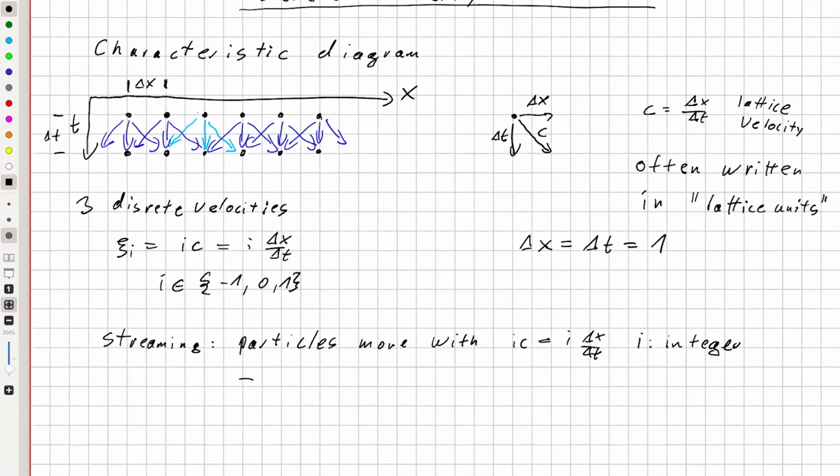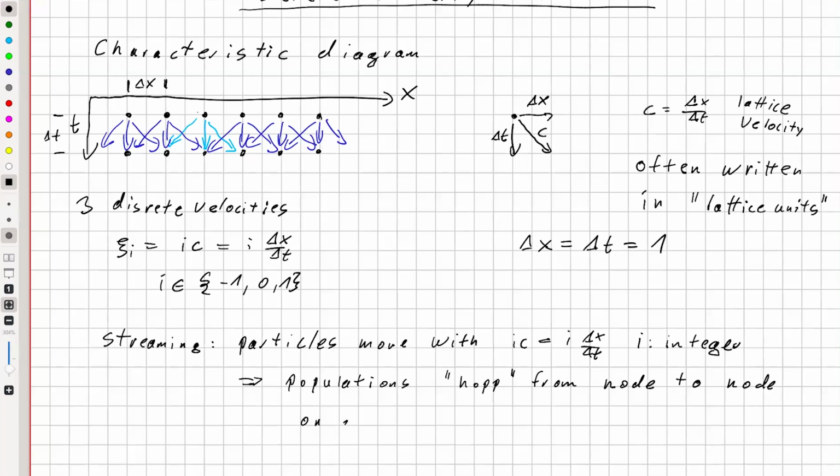Particles move with these integer velocities, which means that the populations, so populations is how many particles or how big the probability of particles is, hop from node to node on a regular grid.